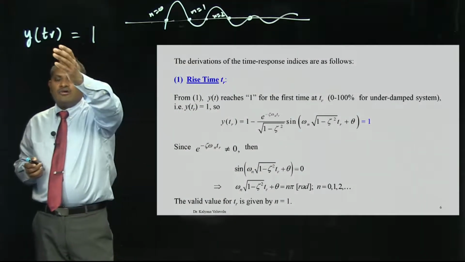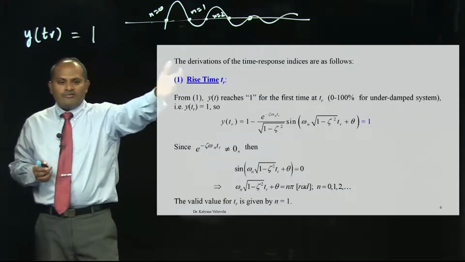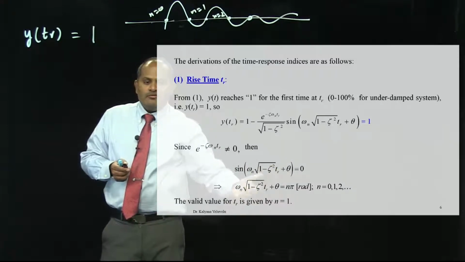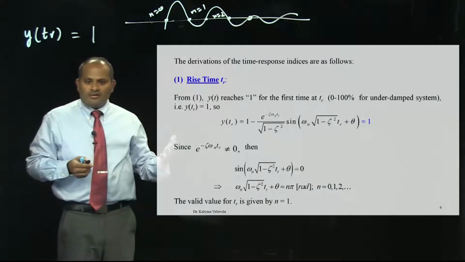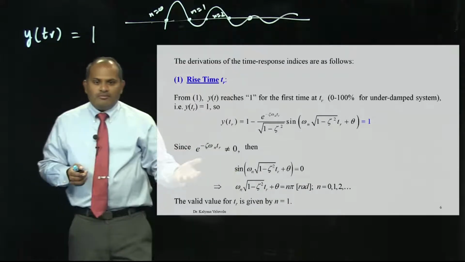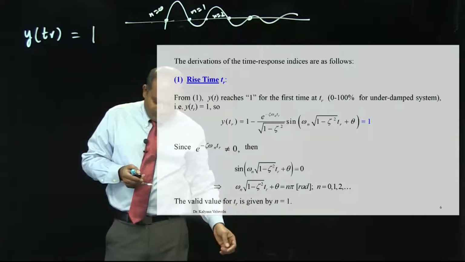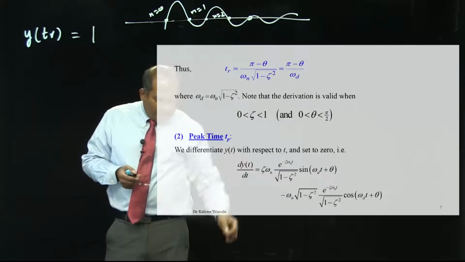At t equal to tr, when y is equal to 1, we equate, get sine equal to 0, and then equate the argument to n pi, because for every value of n you will get a point. Then we get the nice expression for rise time.